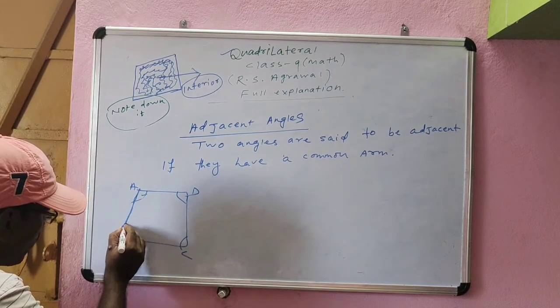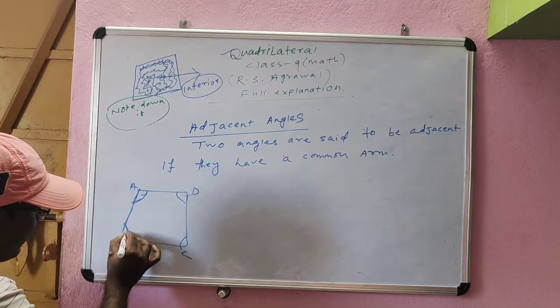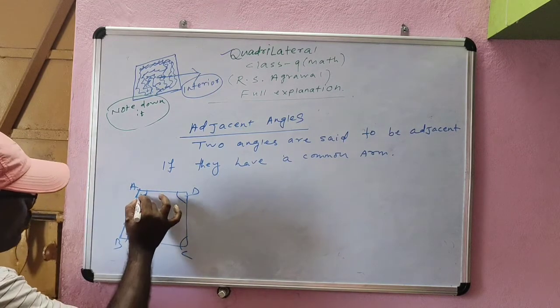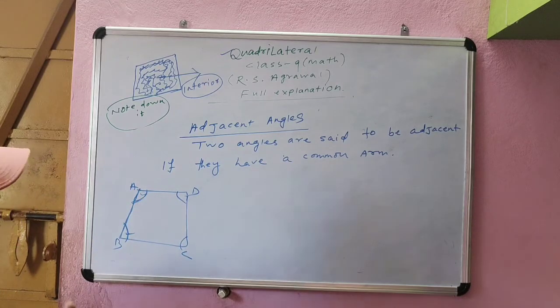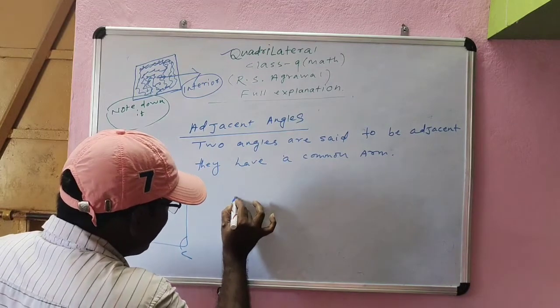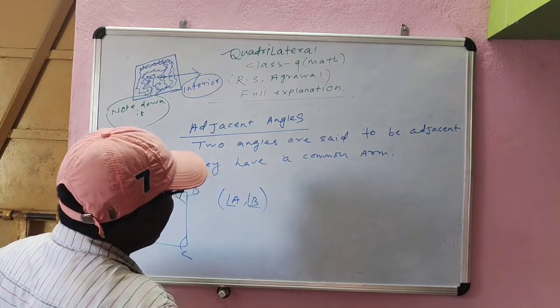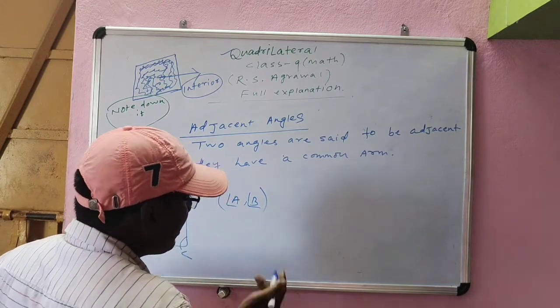It is the common arm of both the angles. Therefore, these two angles are said to be adjacent angles. So, if you take angle A with angle B, it will form an adjacent angle pair.